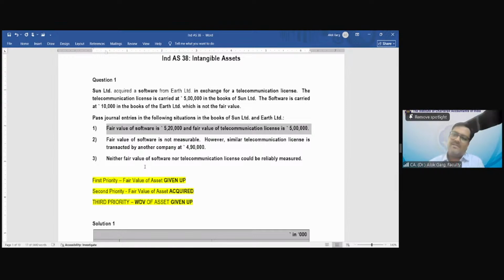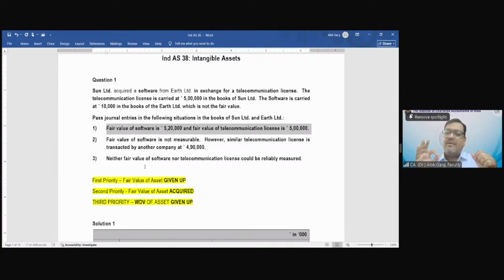Telecom license 5,20,000, software 10,000, to profit 5,10,000. Very good. So first of all, he has debited what he has acquired. Earth Limited is acquiring a telecom license: telecom license account debit to software account.